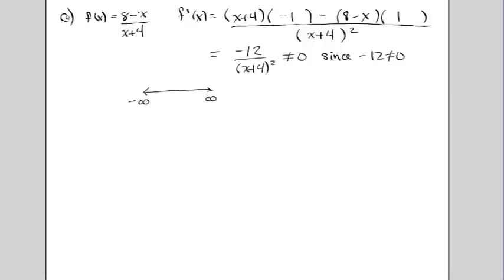On our number line from negative infinity to positive infinity, we only have negative 4 that can't be used because it's not in the domain. So we'll make our sign chart around this value. First intervals from negative infinity to negative 4, and then from negative 4 to positive infinity.